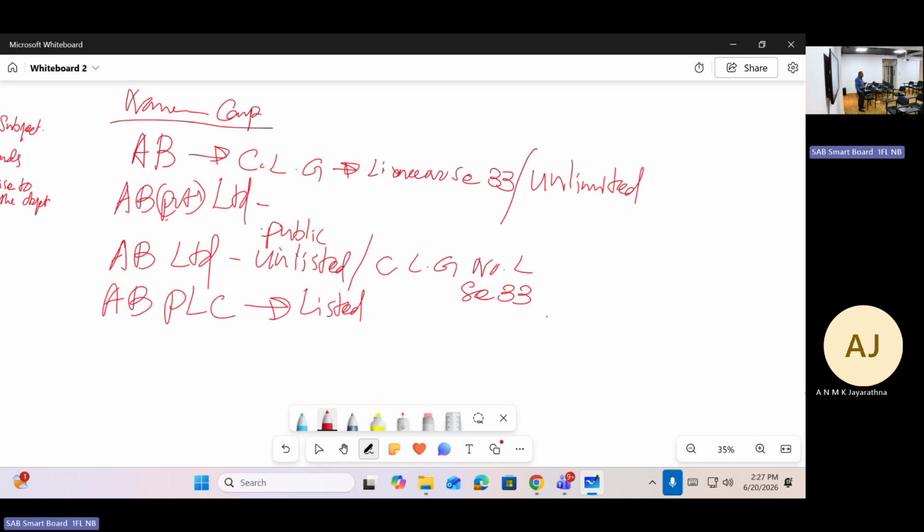It's a company limited by guarantee, because the main objective is promoting useful subjects, like art, science, religion, charity. That type of company can be incorporated as a company limited by guarantee, and we can ask for a license. The Colombo Stock Exchange, these are companies limited by guarantee.